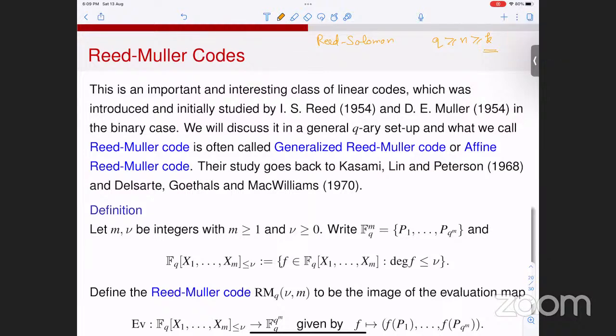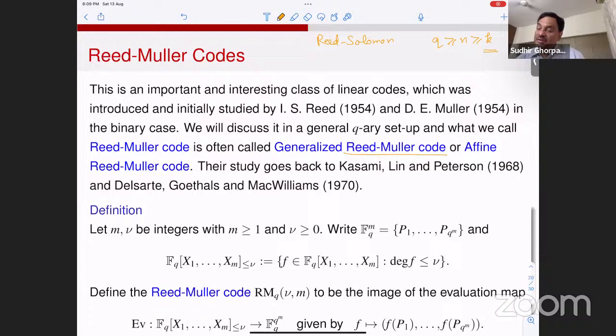But what if you just want to use the binary field and you still want to get a good, nice class of codes? So the Reed-Muller code is one of the classical examples of that. What you do there is you take any q, you don't put any condition like q greater than or equal to n. But instead of polynomials in one variable of degree, let's say, less than or equal to k minus 1, you look at polynomials in more than one variable.